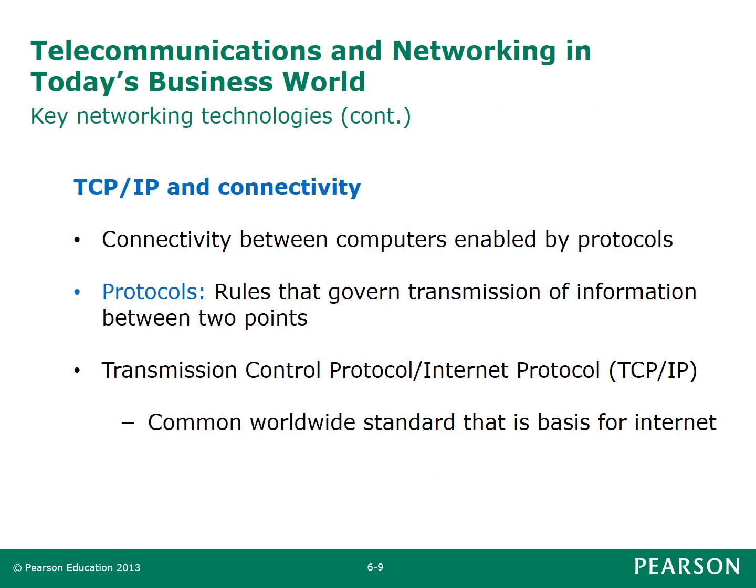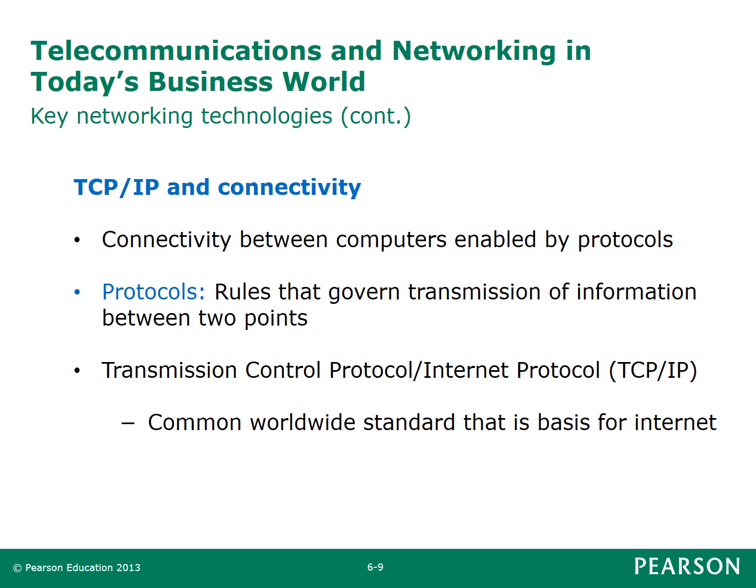In a network, there are typically many different types of hardware and software components that need to work together to transmit and receive information. Different components in a network communicate with each other only by adhering to a common set of rules called protocols.